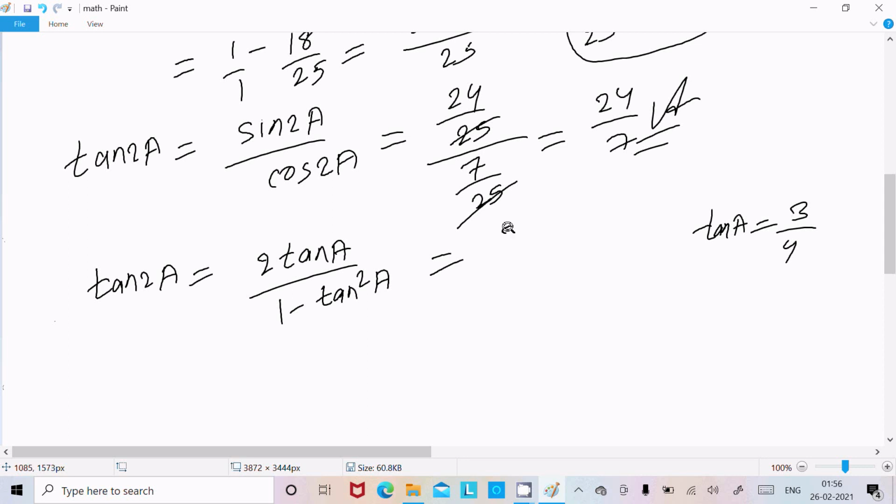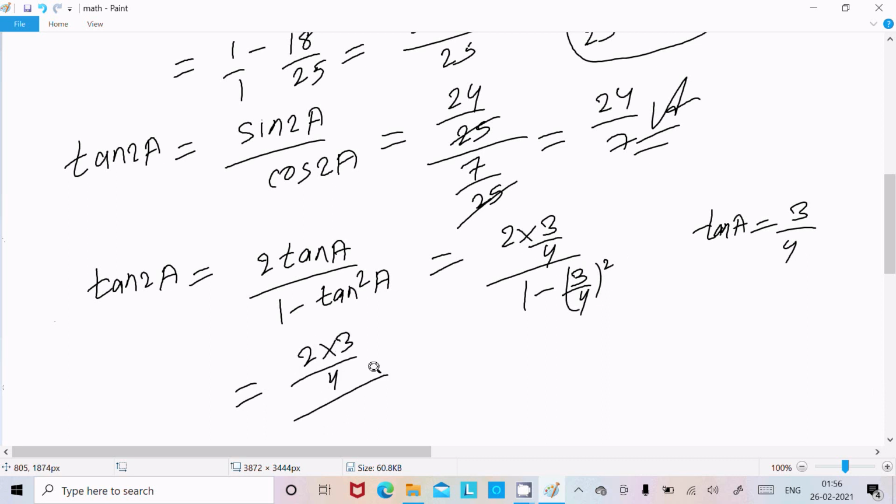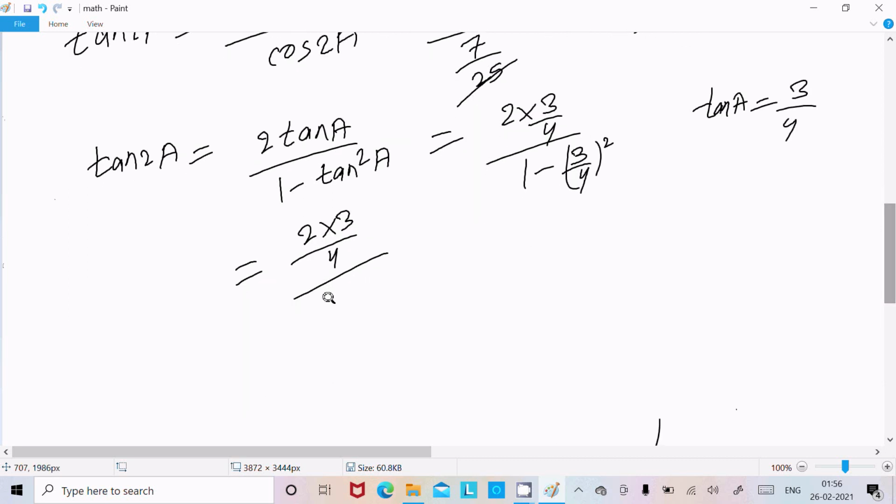Now just put 2 into 3 by 4 divided by 1 minus 3 by 4 whole square. So 2 into 3 by 4. So if I calculate this, 1 minus 3 square 9, 4 square 16.